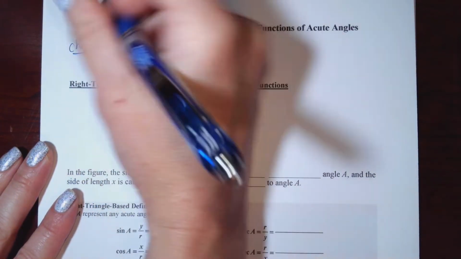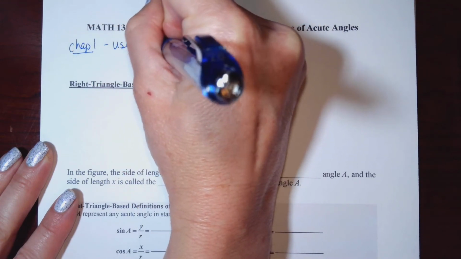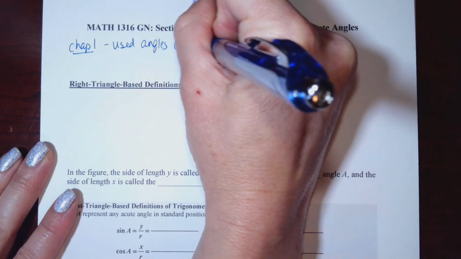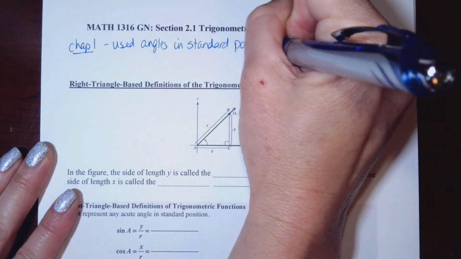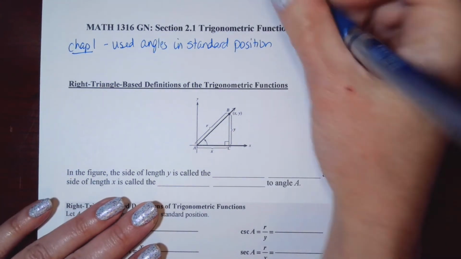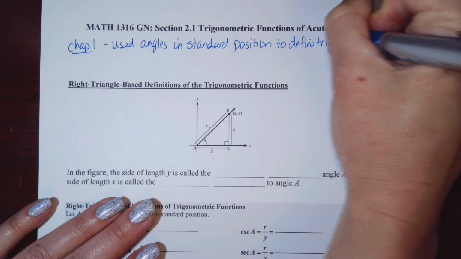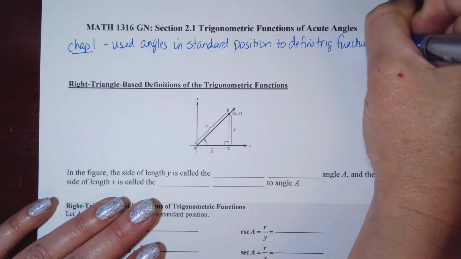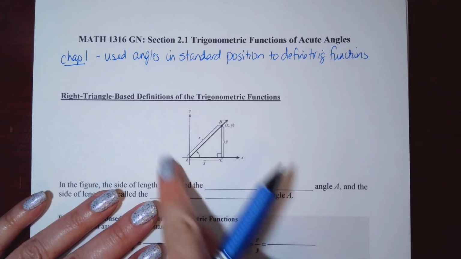In Chapter 1, we used angles in standard position as we defined our trig functions. We set that angle in standard position.